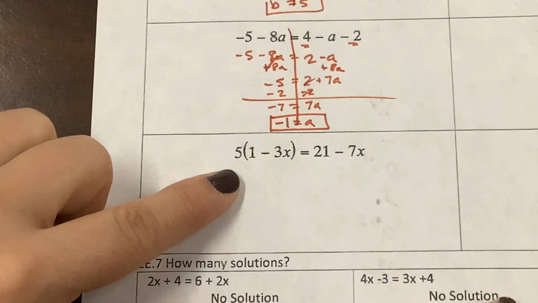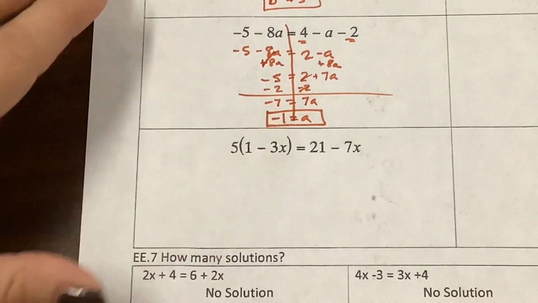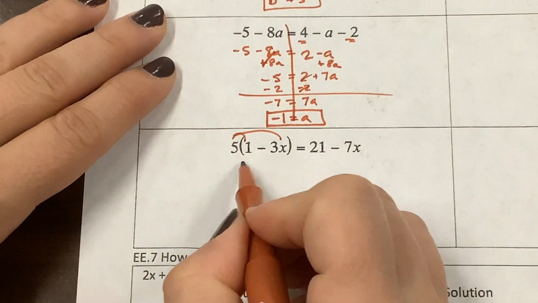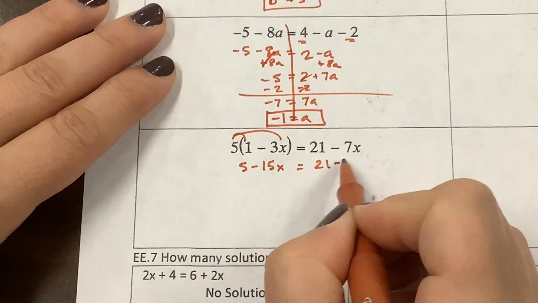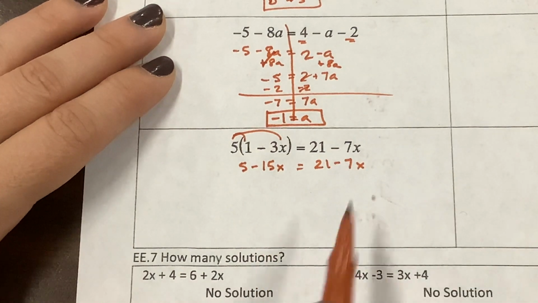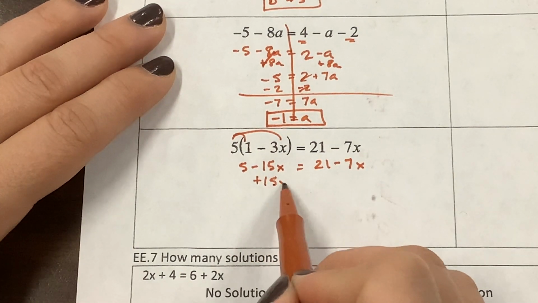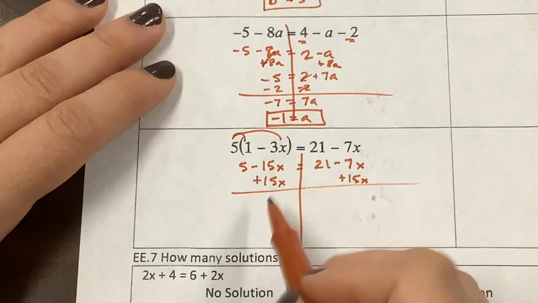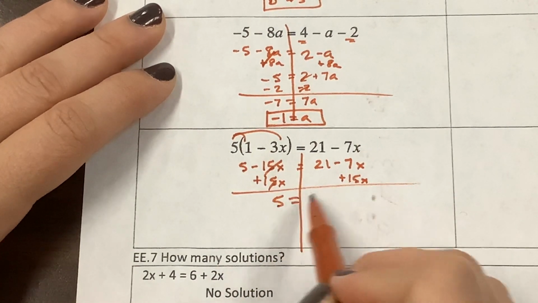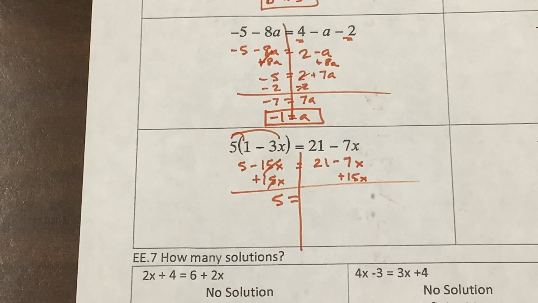Next one. This one has parentheses, so we're going to use distributive property first. 5 times 1 and 5 times 3x. 5 minus 15x. And bring everything else down. We're going to move our variable. I'm going to add the 15x to both sides. This cancels. 5 comes down. Bring down your 21.